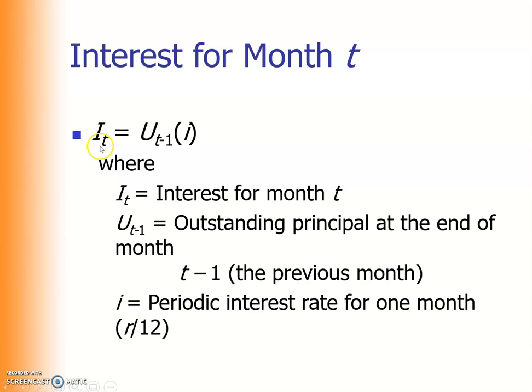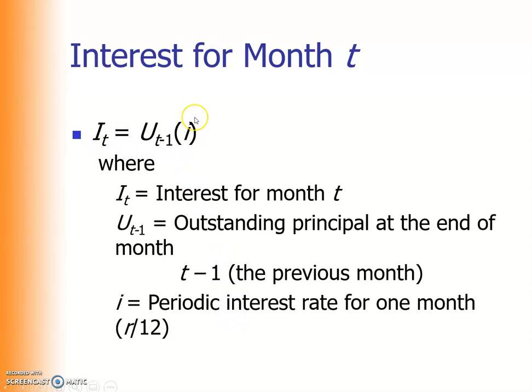That means I sub t, the interest at some given time, is equal to u, the unpaid or outstanding principal at the end of the previous month, multiplied by the interest rate. Then that will give the interest in that month.